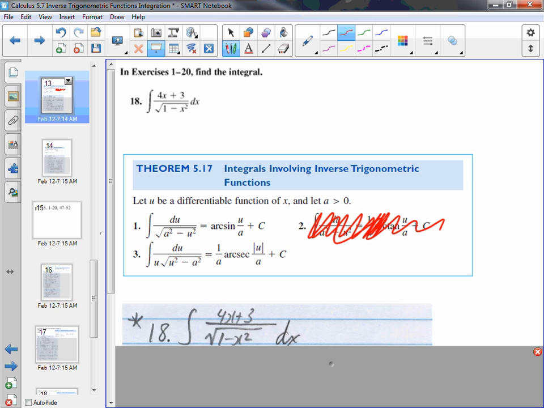I think it's arcsine because we haven't worked an arcsine problem yet. I respect your logic. It's an arcsine, but it's not an arcsine yet, because if it is an arcsine, wouldn't u just be x? And in fact, then a would just be 1.